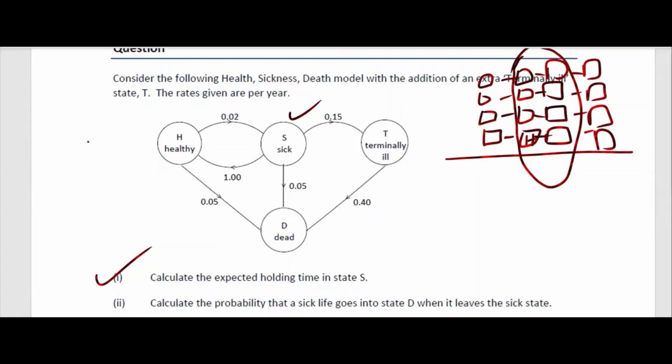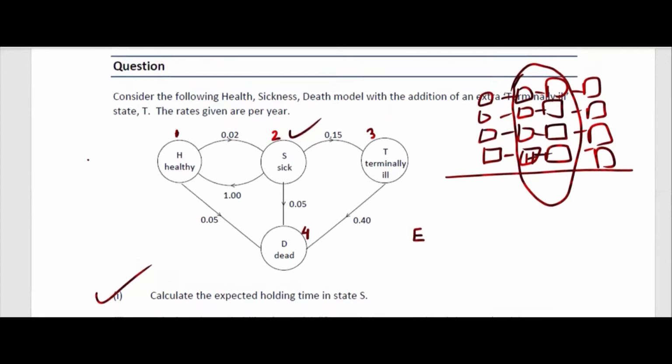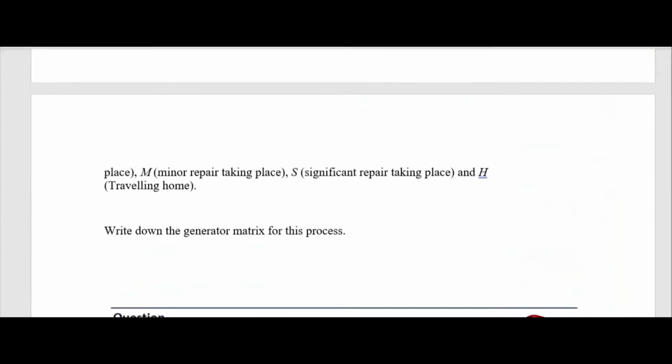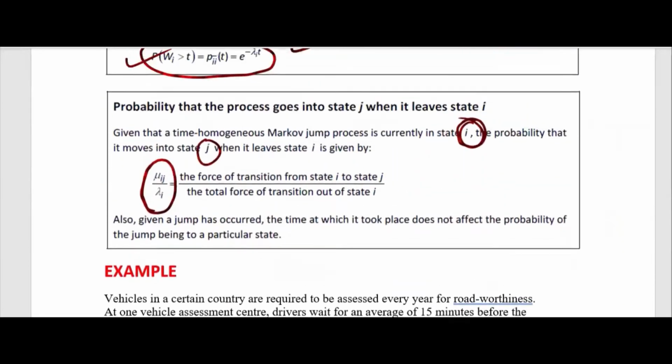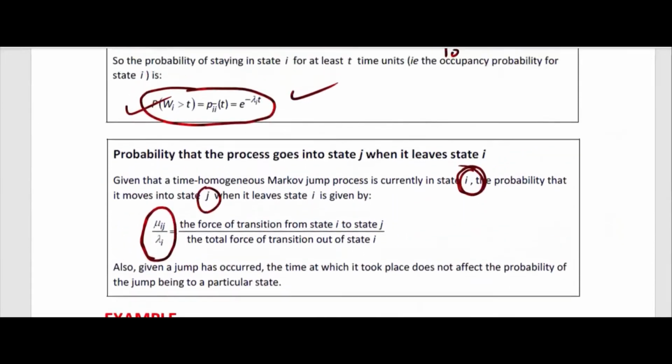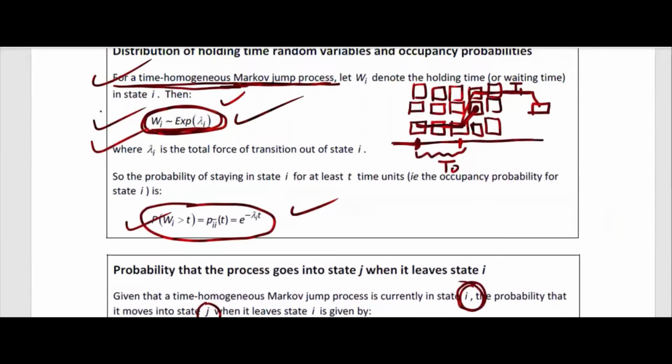So if you say this is 1, this is 2, this is 3, and this is 4, you need to find the expected holding time in this one. Wi follows exponential lambda i.